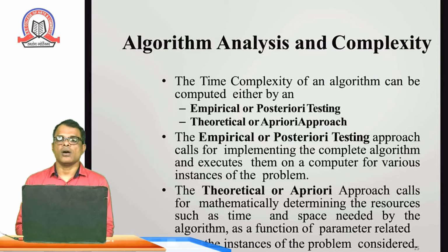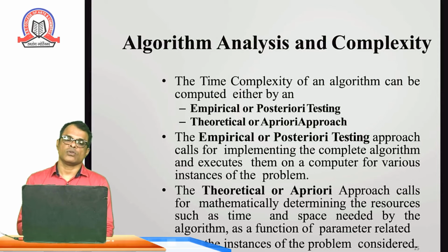The empirical or a posteriori testing approach calls for implementing the complete algorithm and executing it on a computer for various instances of the problem, and the theoretical or a priori approach calls for mathematically determining the resources such as time and space needed by the algorithm as a function of a parameter related to the instance of the problem considered.